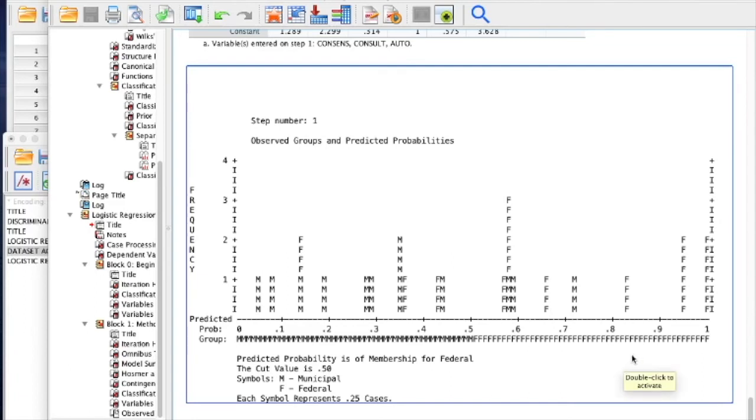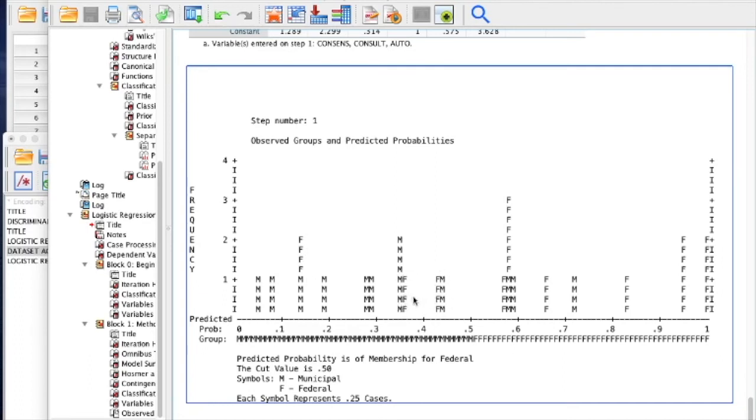So here we can see some of these things that were misclassified. Right here, there's F for federal. These are cases that should be at the federal level.